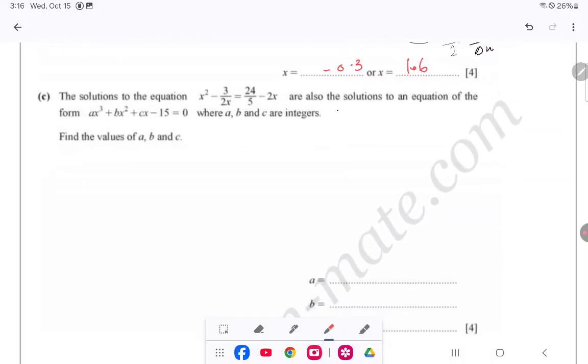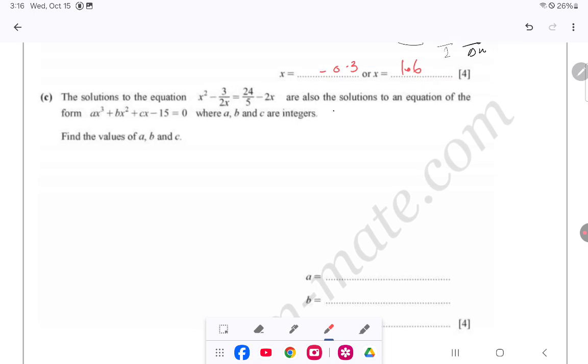Now solve the equation. These are also the solutions to an equation of the form ax cube plus bx square plus cx minus 15 is equal to 0, where a, b and c are integers, and we have to calculate the values of a, b, c. Now for that, we have to simplify this equation further.